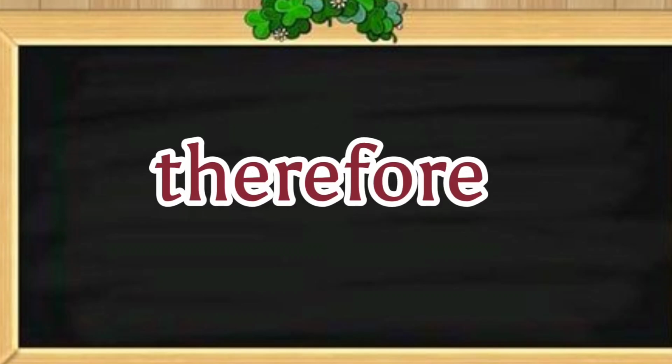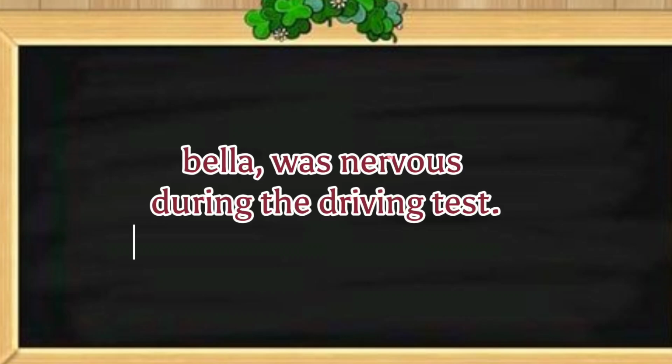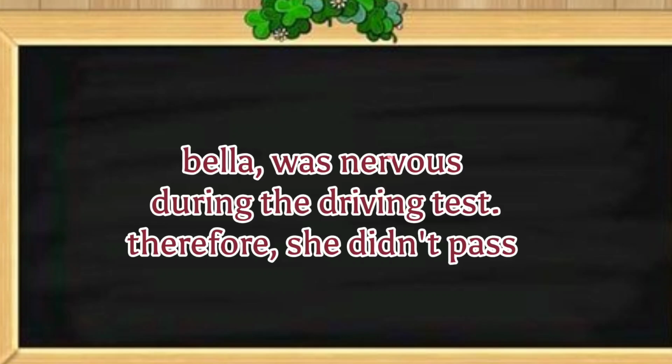But if you use the words "so," "therefore," and "as a result," usually the main sentence must end with a dot first, like this: Bella was nervous during the driving test. Dot. The result is that she didn't pass the driving test.